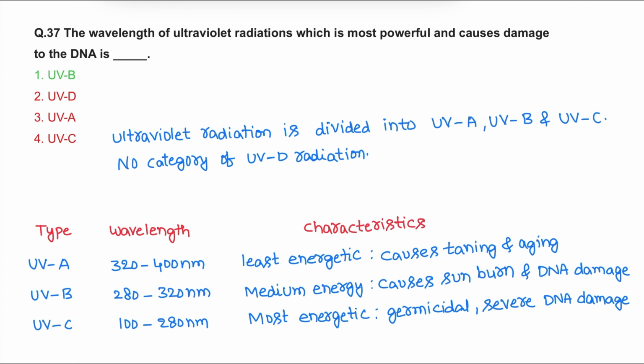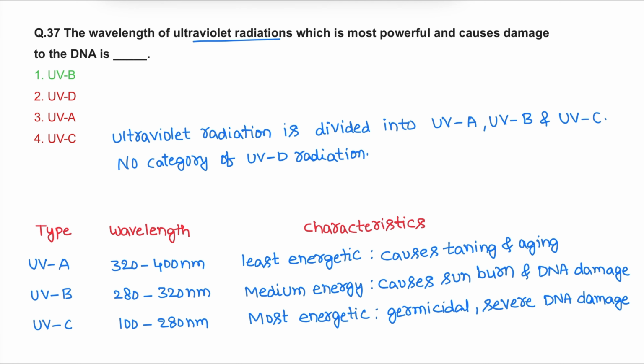Question number 37. The wavelength of ultraviolet radiations which is most powerful and causes damage to DNA is. Ultraviolet radiation is divided into UVA, UVB, and UVC categories, there is no category of UVD radiation.